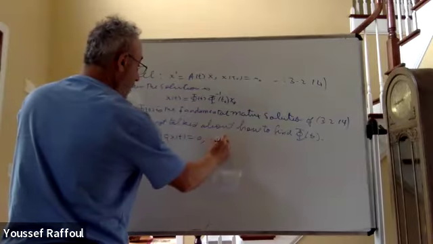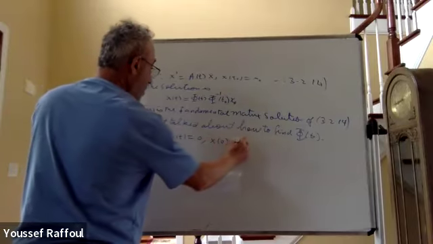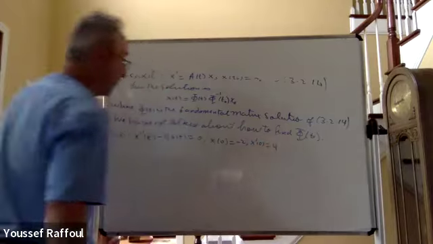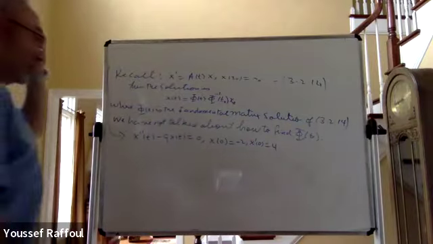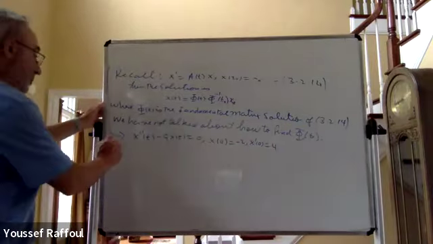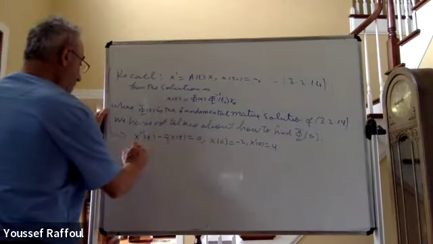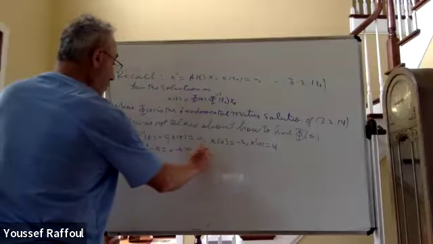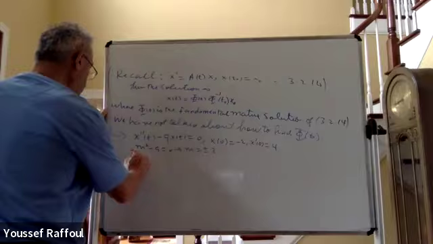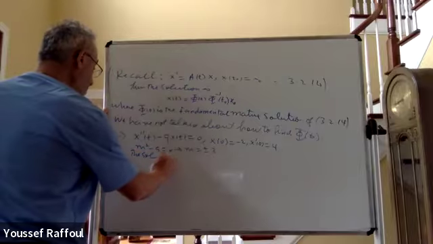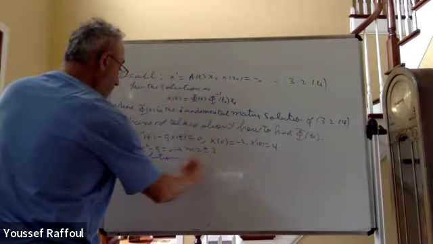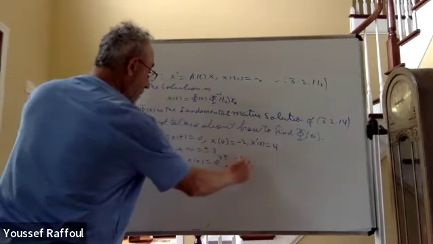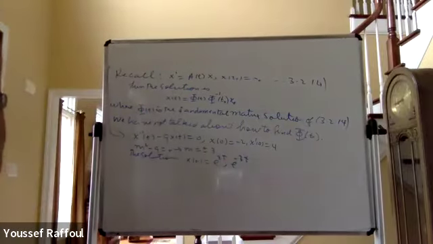Let's take x of 0 equal minus 2 and x prime of 0 equal 4. So we get m squared minus 9 equals 0, m equal plus or minus 3. So we get the solutions x of t equal e to the 3t and e to the minus 3t. Okay?